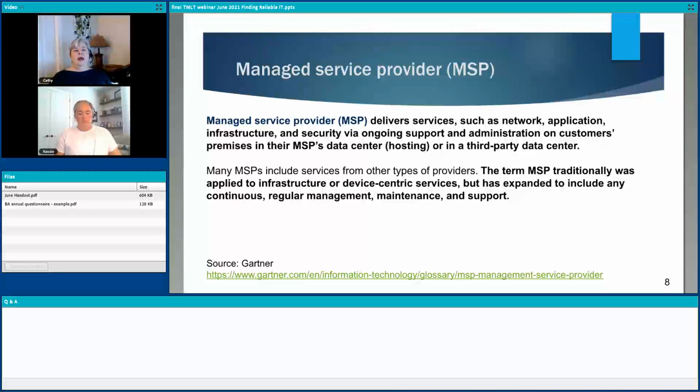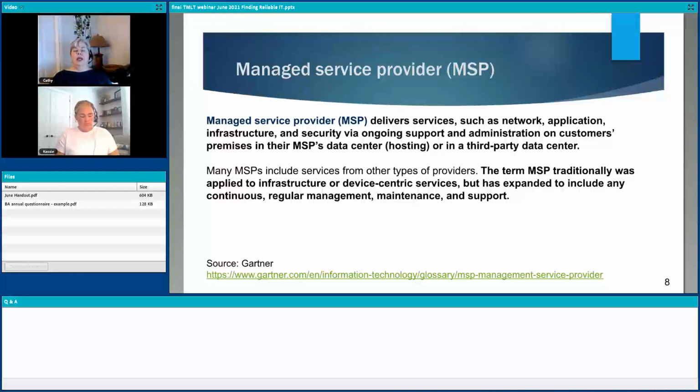Probably the more common advanced or flat fee service that we are seeing are the managed service providers. Managed service providers basically come under contract and they function as your IT department to a certain extent. They're there to deliver services, whether that's networking, applications, infrastructure, security support, like maintaining your antivirus, anti-malware software up to date.